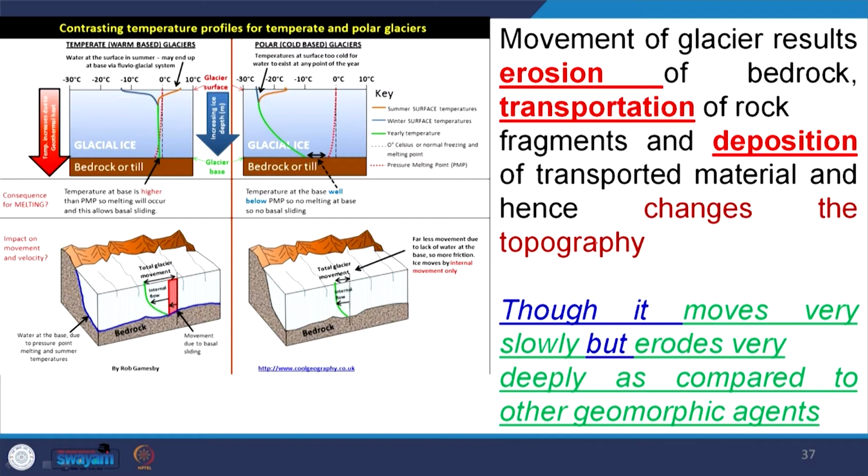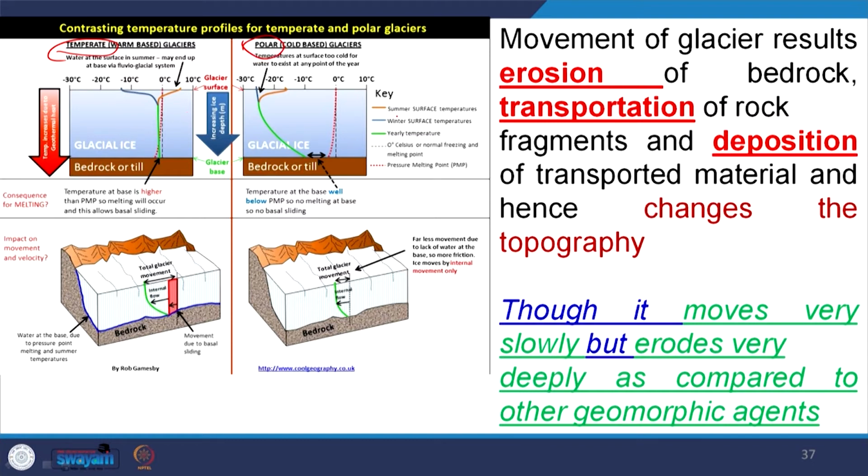Now, here the differences between polar glacier and temperate glacier are also given. If you see these figures, this orange line is the summer surface temperature. This is the temperate glacier and this is the polar glacier.